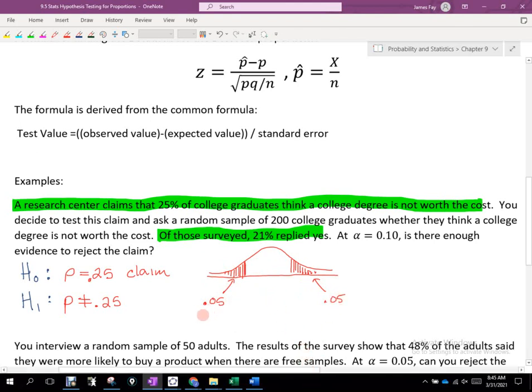So the Z values that go with alpha over 2.